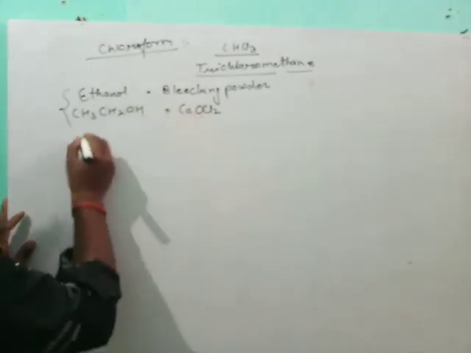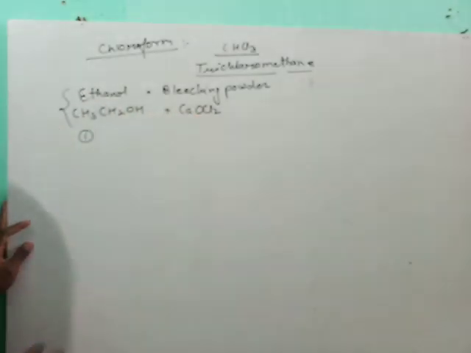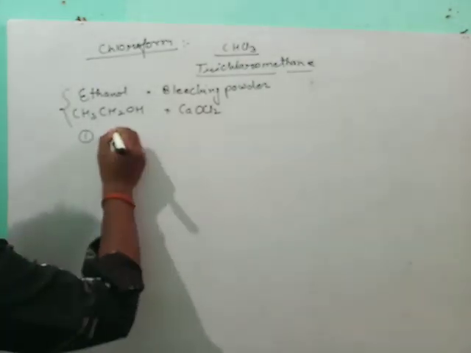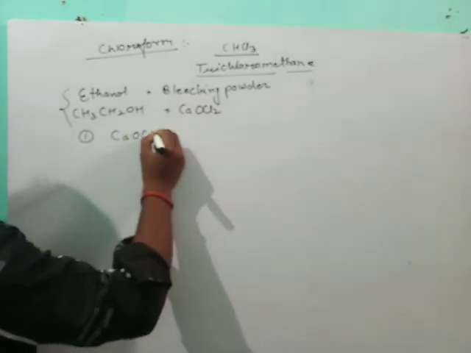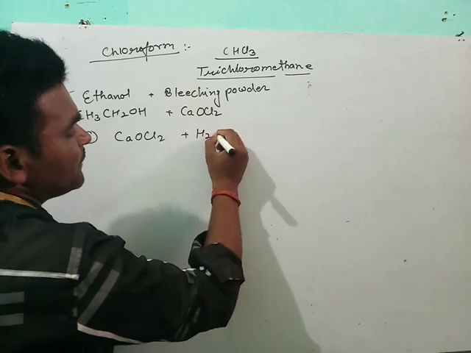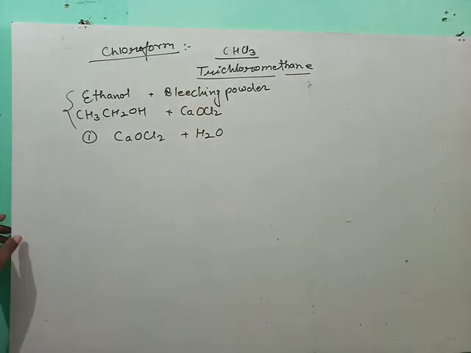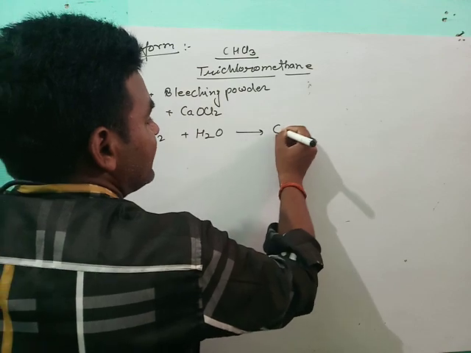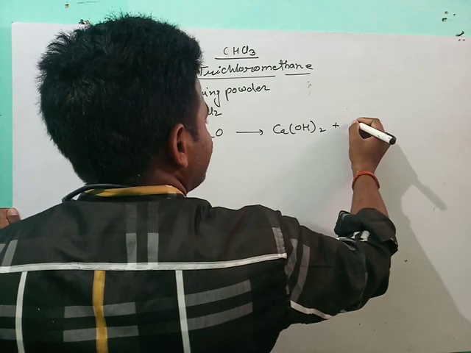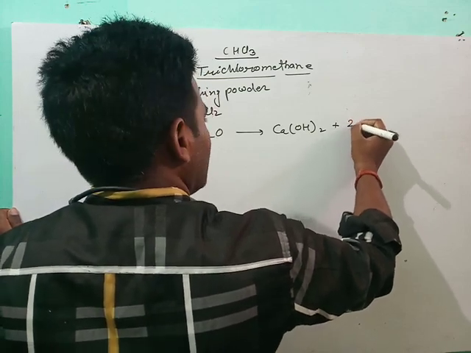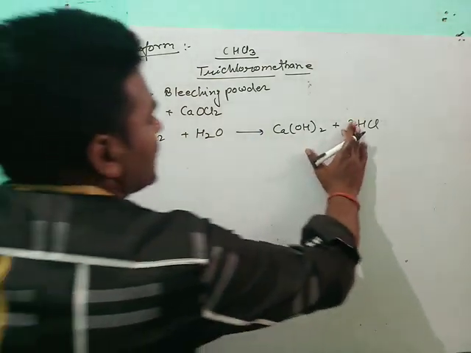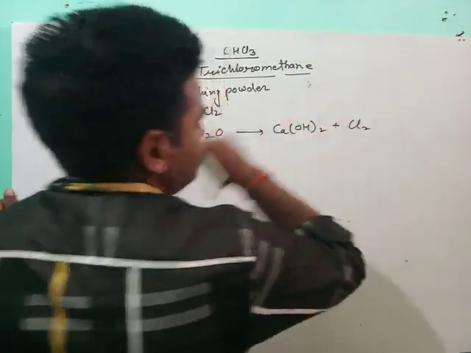The first step is when bleaching powder CaOCl2 reacts with H2O, it gives Ca(OH)2 and Cl2.